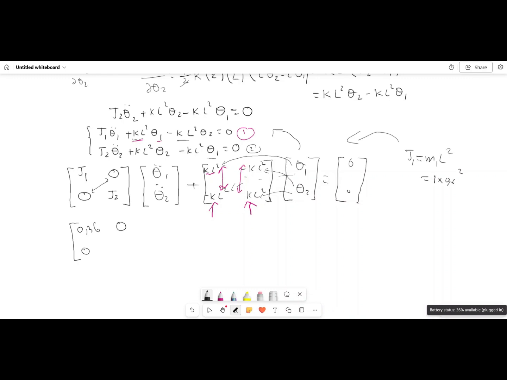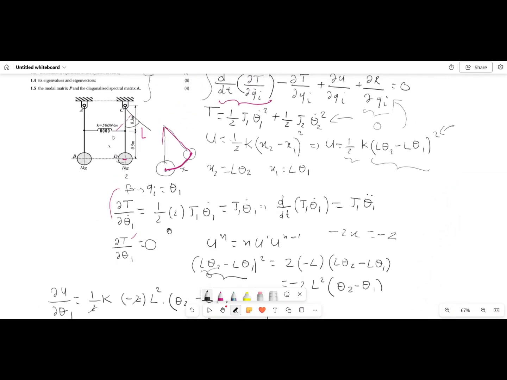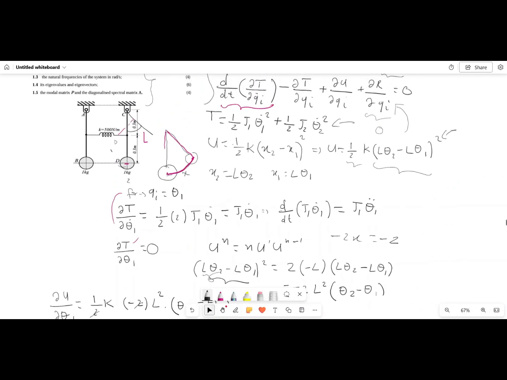Okay, guys, are you with me? Yes. How did you get the 0.36? Okay, my boss, we know the moment of inertia. Let me zoom up a bit. I was explaining that because we have a concentrated mass, J should be the mass of this object times the distance from the center of gravity to the pivot point squared.